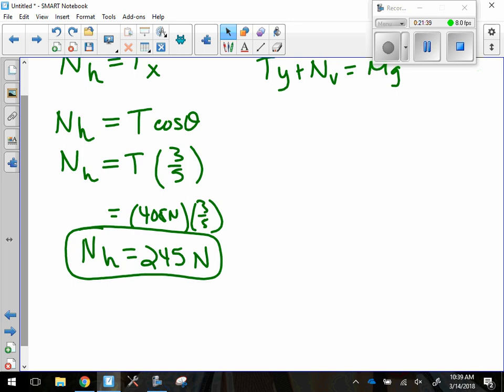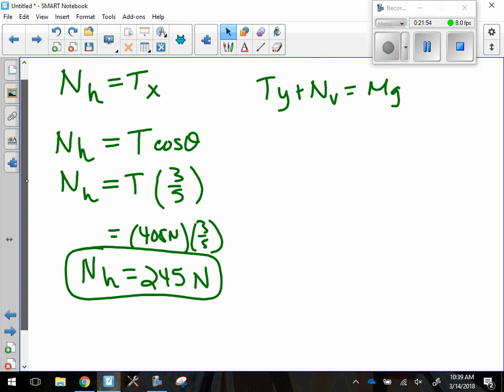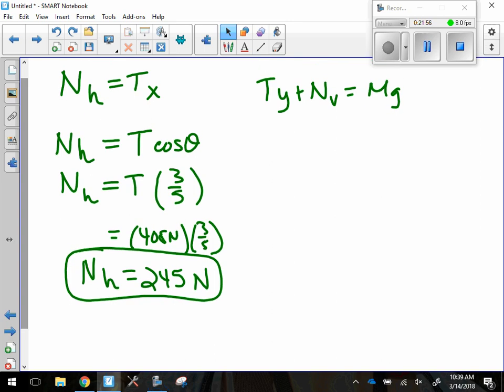Another argument you could make is that the tension force is going in the negative direction, and if I'm not going to have a net force in the x direction, my hinge force has to point in the opposite direction. Okay, makes sense? Reality checks are good.